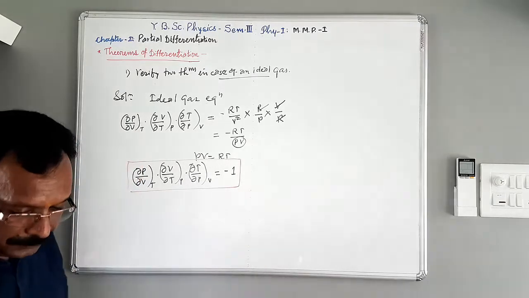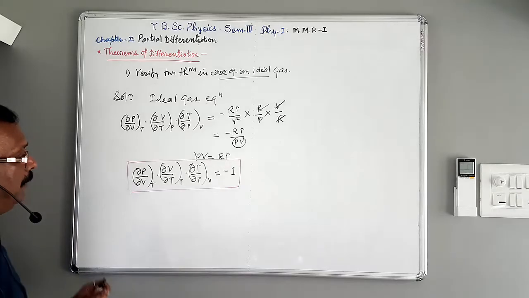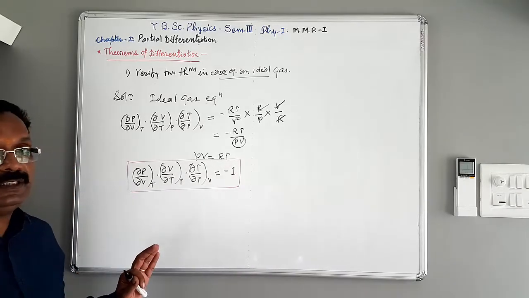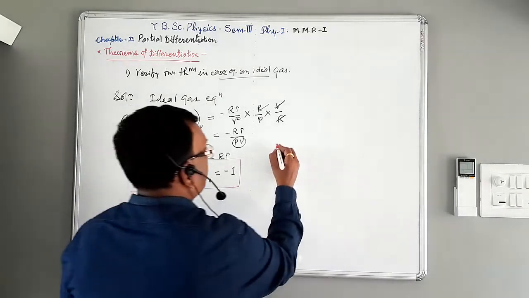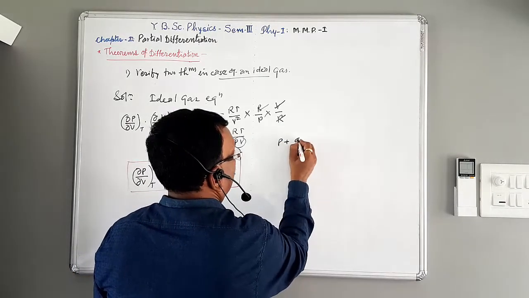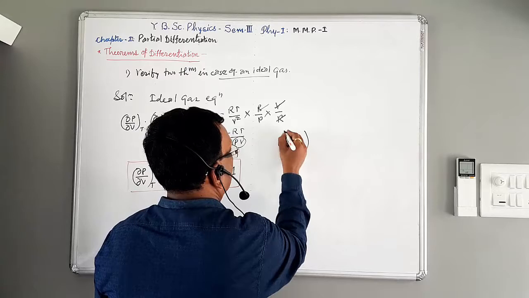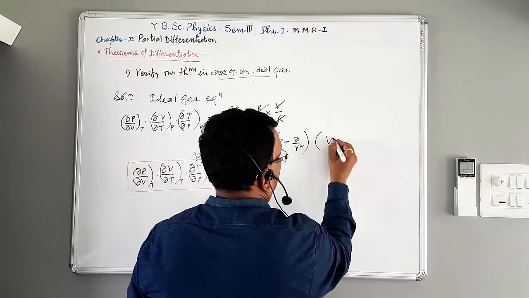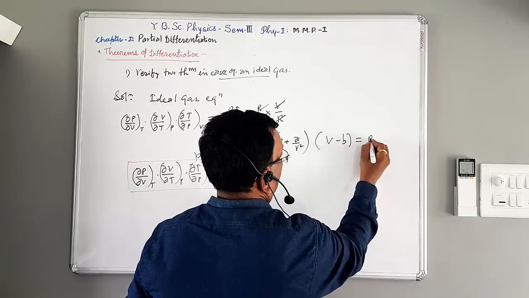Now, the second verification, the Van der Waals equation. We know the Van der Waals equation is (P plus a upon V square) into (V minus b) is equal to RT.